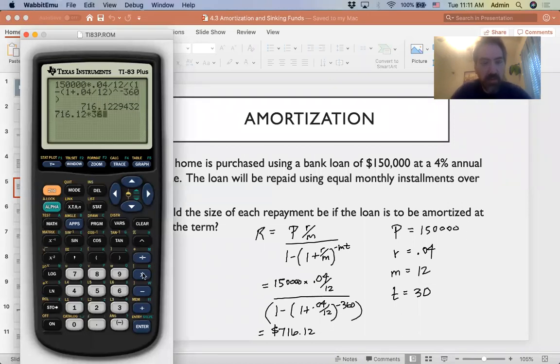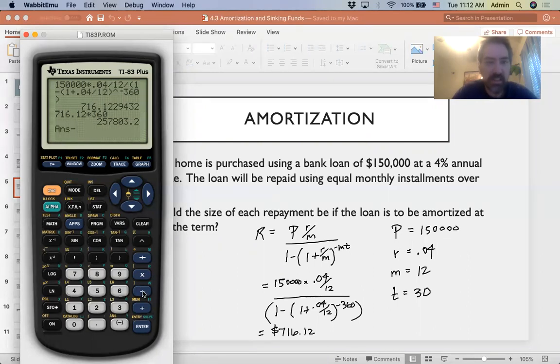360 times that. So over the 30-year period, we paid $257,803.20 back to the bank. $150,000 of that was the loan that the bank gave us.